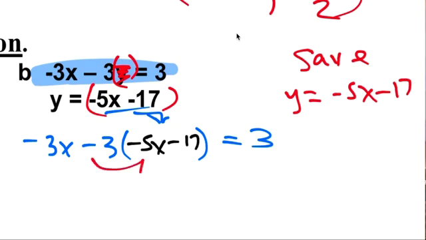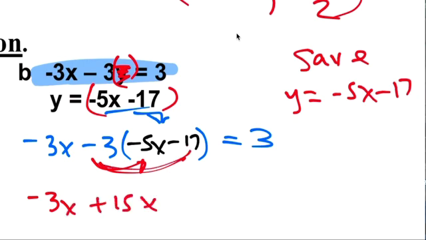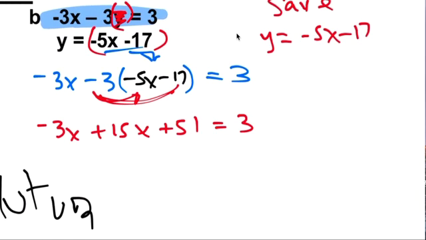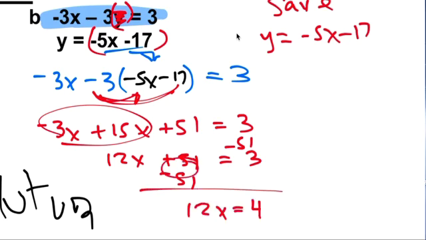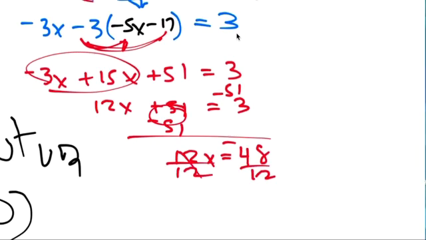You distribute, right? You get negative 3x plus 15x. That is positive 51, equals 3, right? And combine these two, you get 12x plus 51 equals 3, minus 51. You got 12x equals negative 48, divide by 12, x equals negative 4.